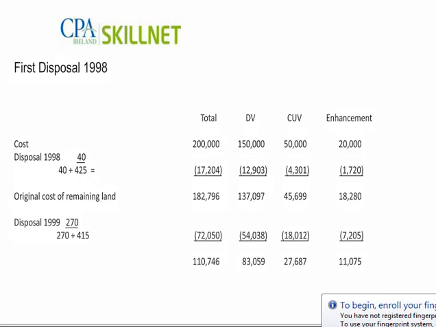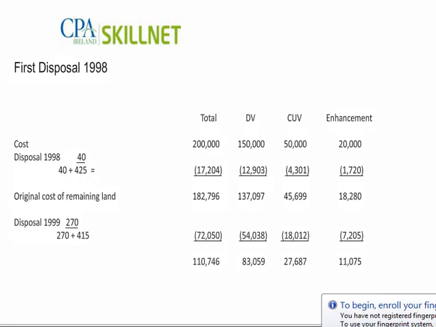If you sold the land for 40,000, what was the original cost of that land? The original cost of that land was the original cost 200,000 by sale price over the total value of the land at the date of sale, which in this case is 40 plus 425. Total value of the land at date of sale is another way of putting A plus B in the denominator.